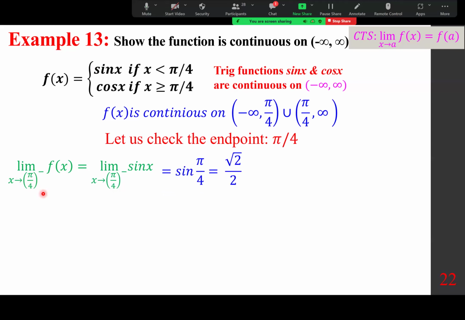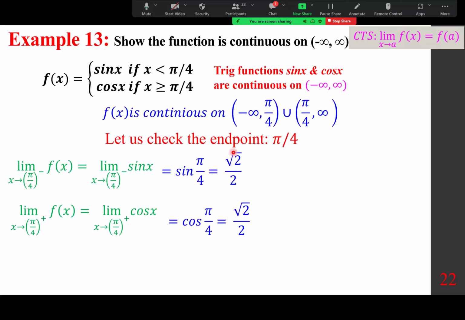We are going to do the same thing, but from the right. From the right, x larger than pi over 4, we are going to go with cosine x. So the limit of f of x as x approaches pi over 4 from the right means the limit of cosine x as x approaches pi over 4 from the right. So if you plug in pi over 4, cosine of pi over 4 happens to be square root of 2 over 2 as well.